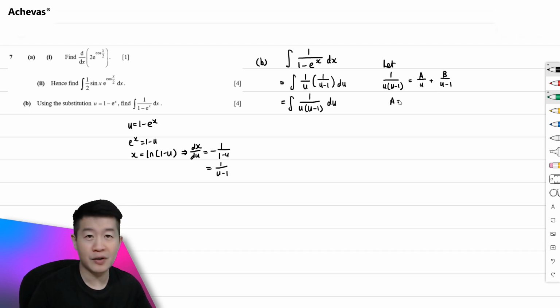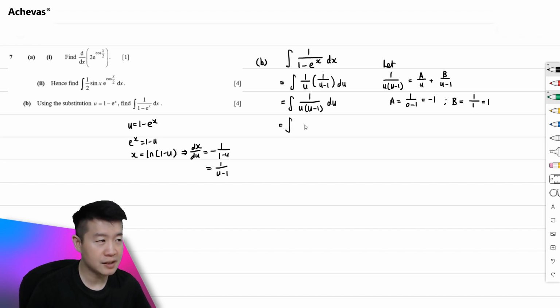And we're going to make use of the cover-up rule that we discussed the other day. So to find a, I'm going to be covering up u, and I'll let the rest of the u be 0. So it'll be 1 over 0 minus 1. A is minus 1. And I'm going to find b by covering up u minus 1, and I'll let the rest of the u be 1, the u that caused the denominator to be 0. So 1 over 1. So b is 1.